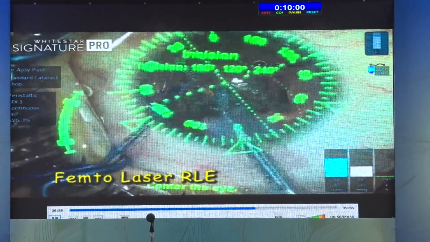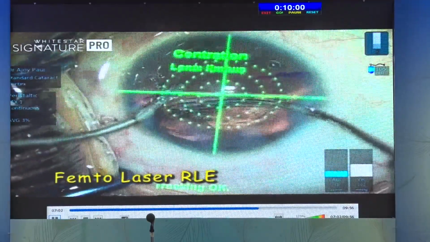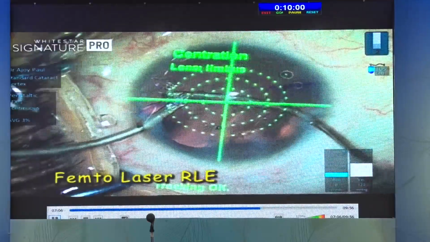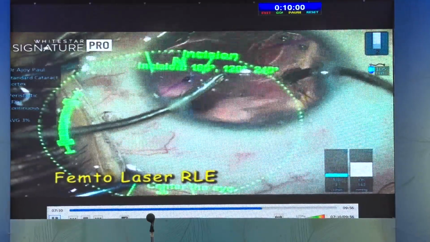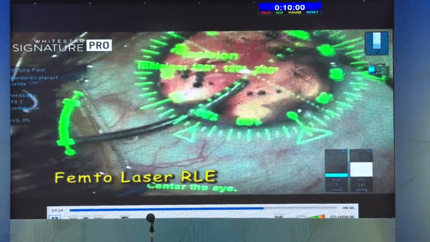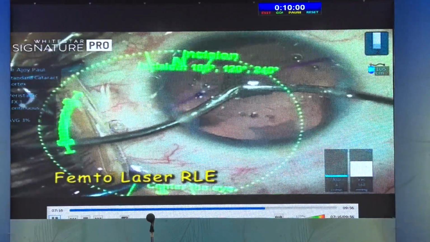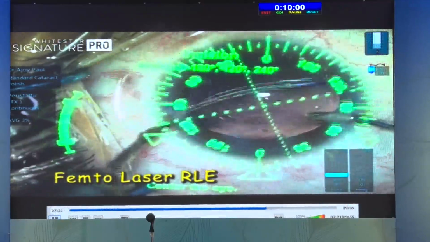And then the marker system, as you can see, in this case we'd be putting I think it was a Symphony toric lens. As you can see, the manual marking is so commensurate with the marking of the Verion. I think it's 105 degree, and that almost tallies with the manual marking that we have. So you have a double check in both the manual and the Verion system that's there.